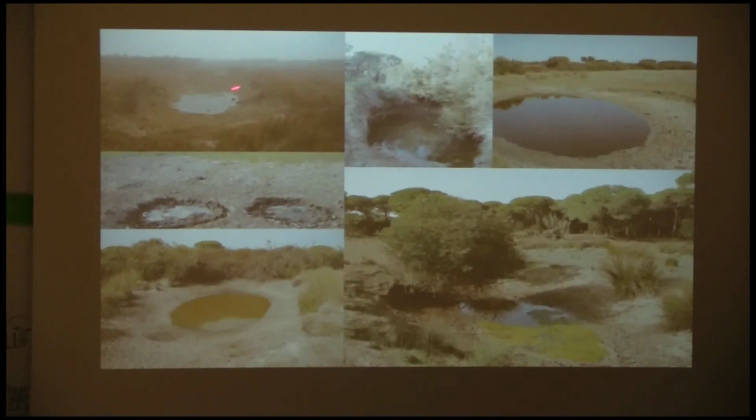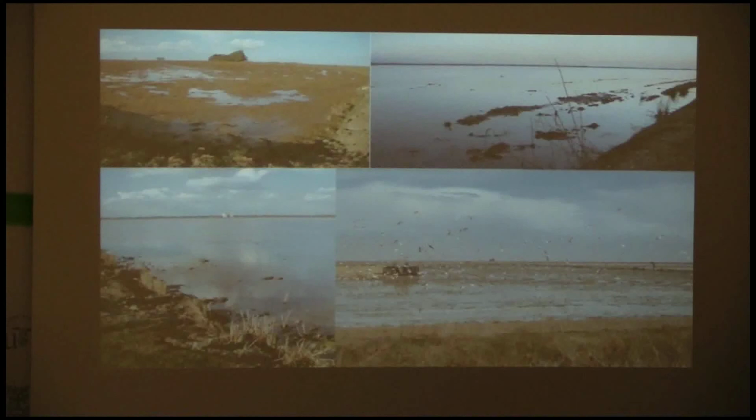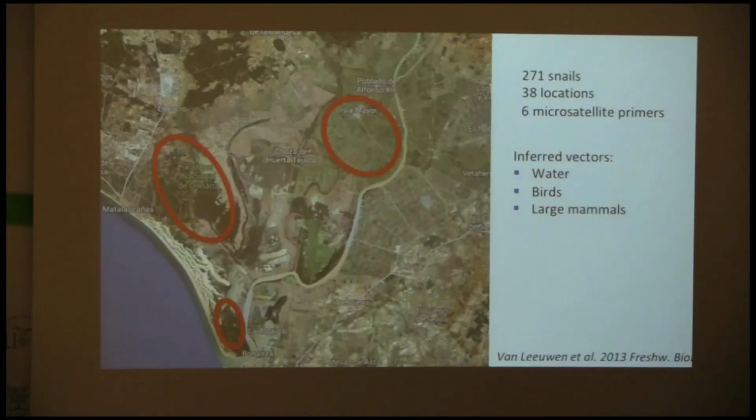So we sampled the snails in these ponds, and also in the rice fields, which you're probably all familiar with, where they're quite an abundant invasive species. We compared about 200 snails from different places, using microsatellites, which are not so fancy anymore, but still worked very well.